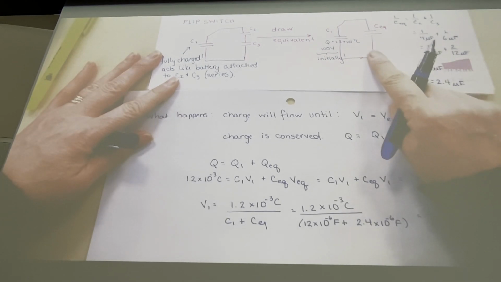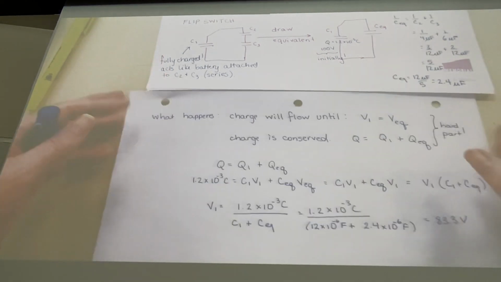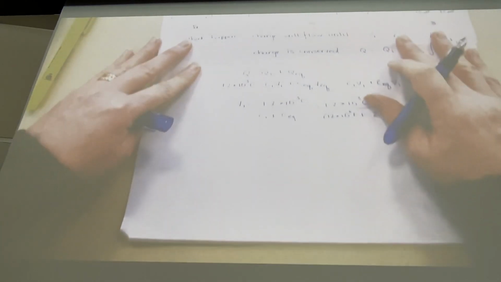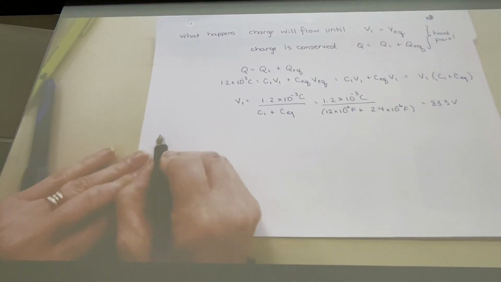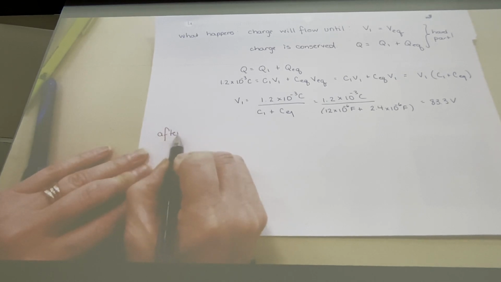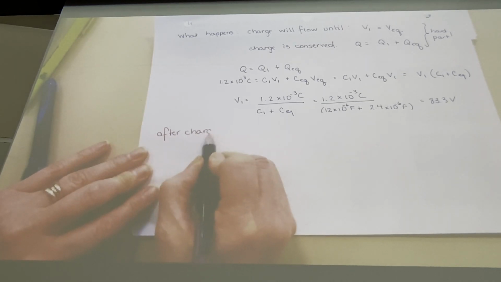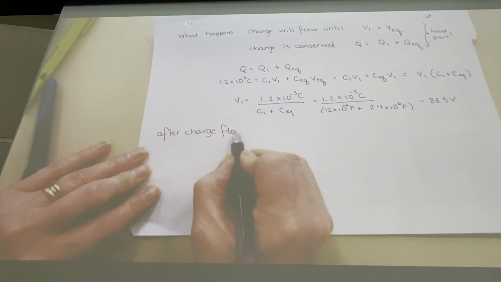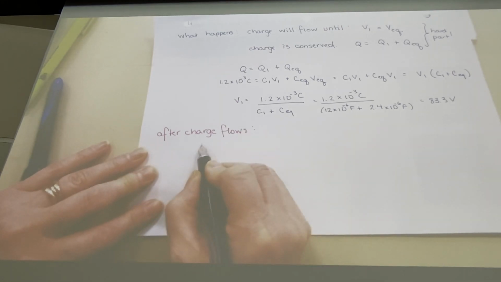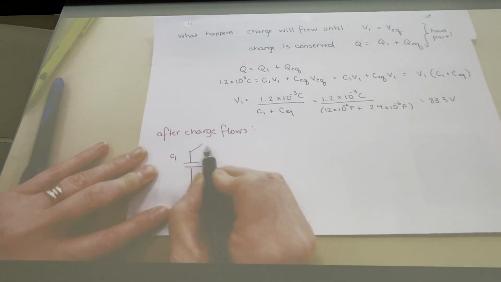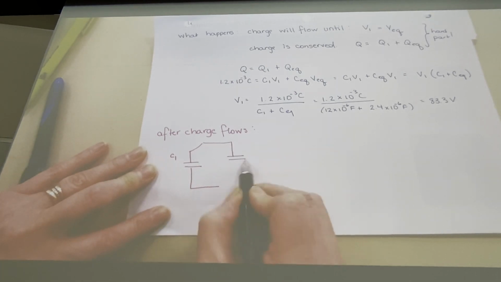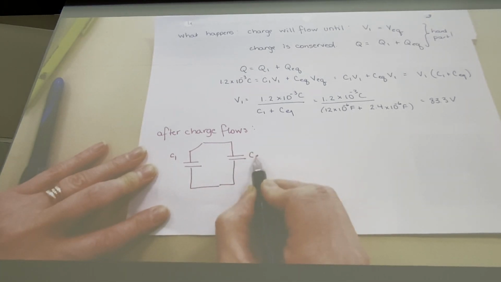Okay, I don't really want to mess up this diagram, so I'm going to redraw my diagram down here. So we'll say after charge flows, there's my capacitance C1, there's my capacitance C equivalent.